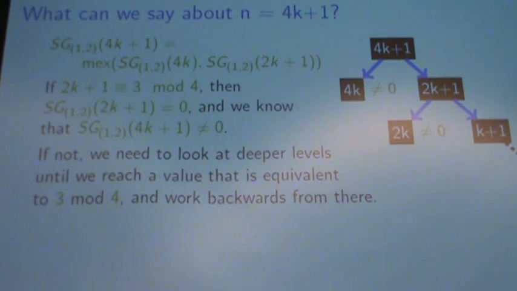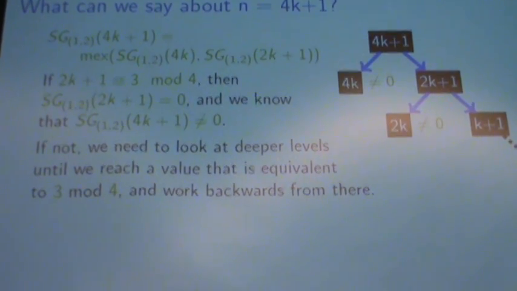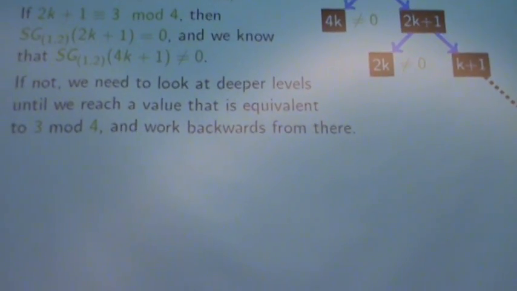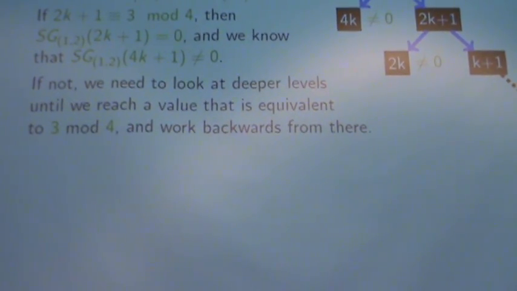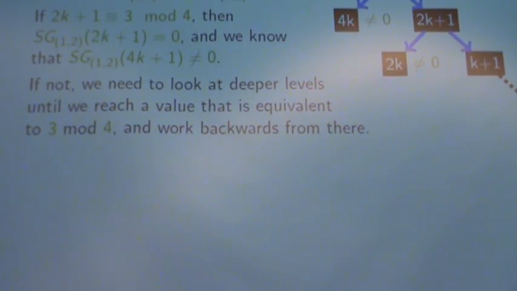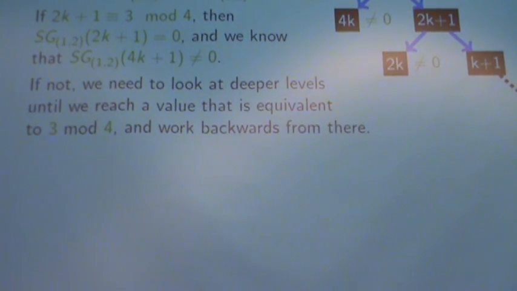So really what we're going to have to do when we have a number in this residue class, we're going to have to keep doing this divide by 2 and round up until eventually we get to something that's equivalent to 3 mod 4. Unless we start with 1, as long as we start with something like 5, we will eventually hit a number like this. And then down at the absolute lower right of this tree, we're going to hit something that finally has Sprague-Grundy value 0, and we'll be able to count back up.